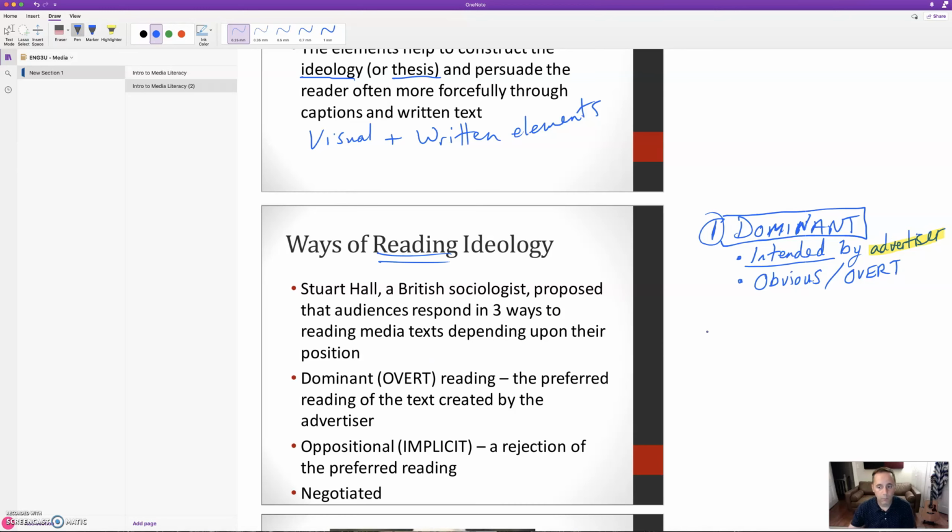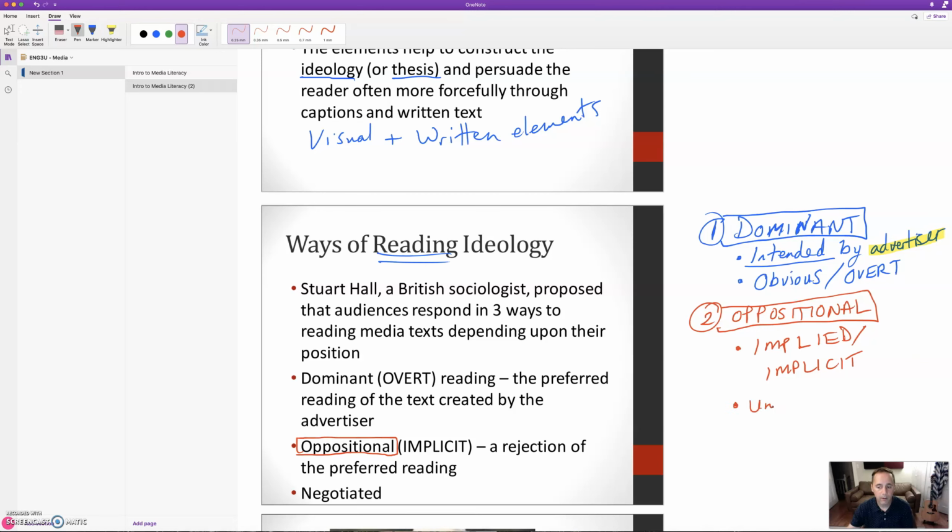Then, over against that, well, maybe I'll pick a different color for the sake of variety here. Over against that, there's an oppositional reading. Oppositional, to oppose, to go against, right? And as we mentioned before, this is the implied, or just another form of the same, implicit reading.